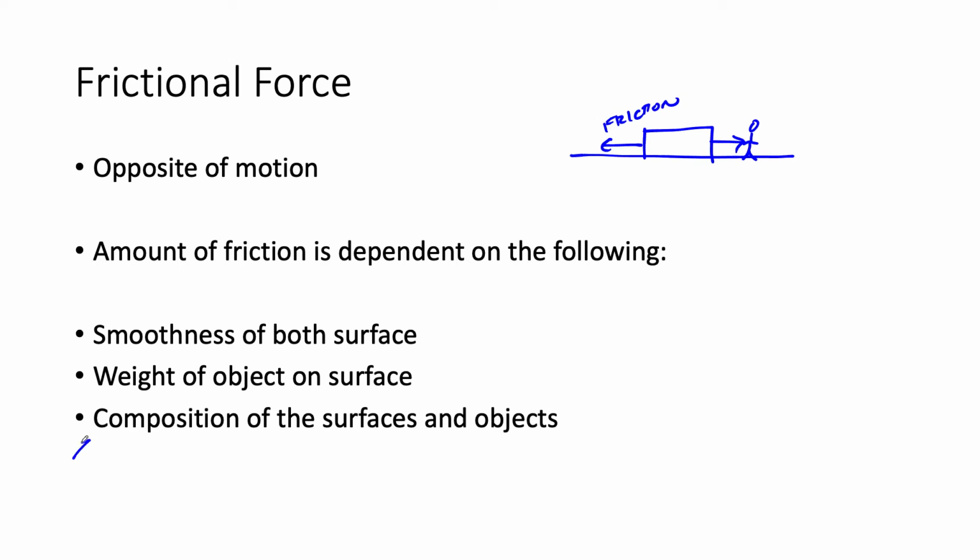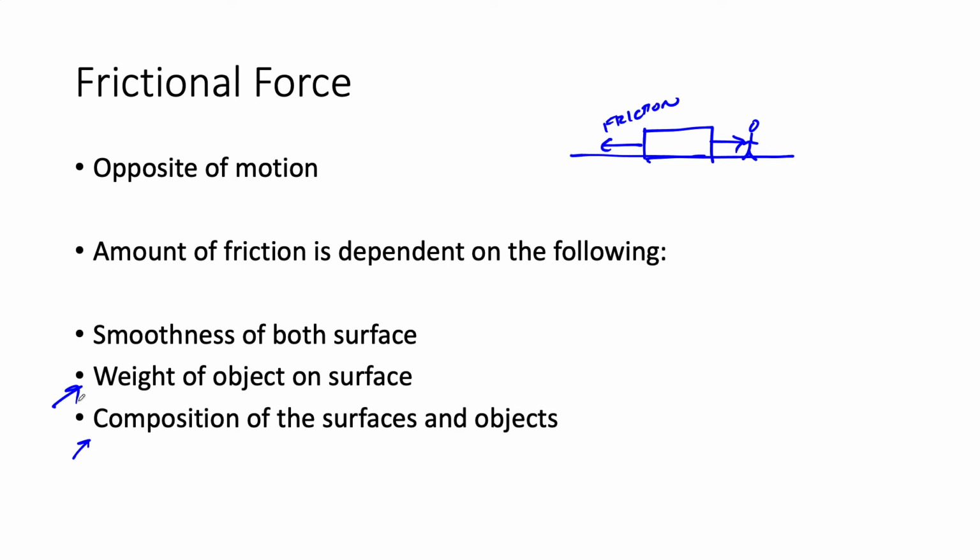We'll start from the bottom, the composition of the surface of an object. What it's made out of is going to dictate how much friction you're going to have. Stainless steel will have a different type of friction than rubber or ice and so forth. So the actual composition of the surface is going to dictate how much friction.